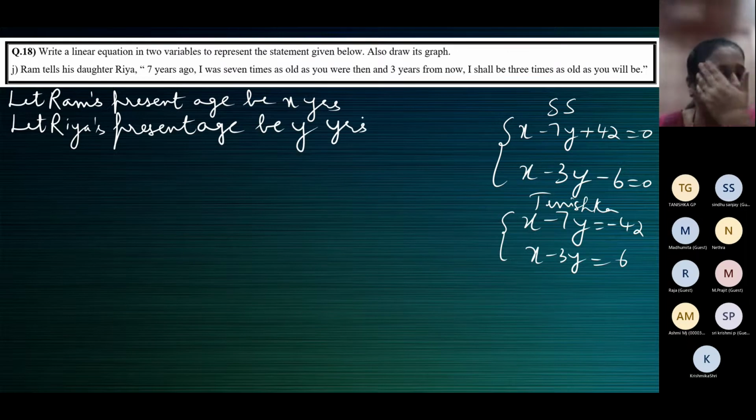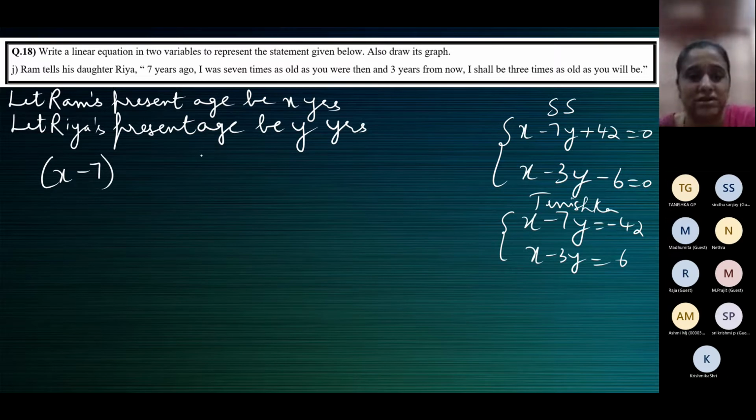Now Ram tells his daughter Ria 7 years ago. 7 years ago, what would have been Ram's age? X minus 7. And Ria's age would have been Y minus 7.